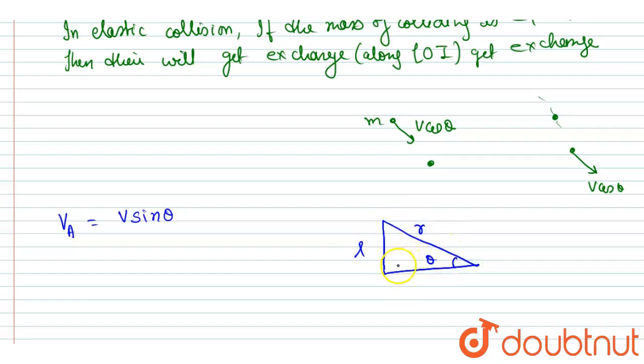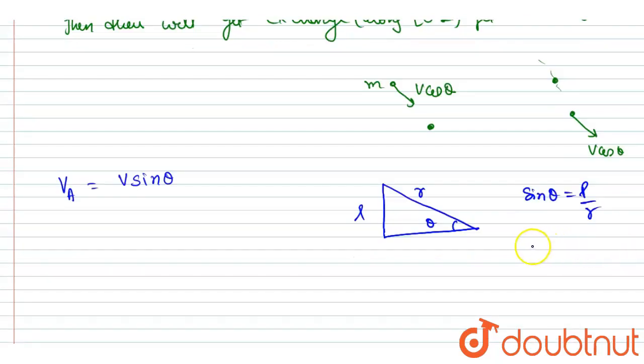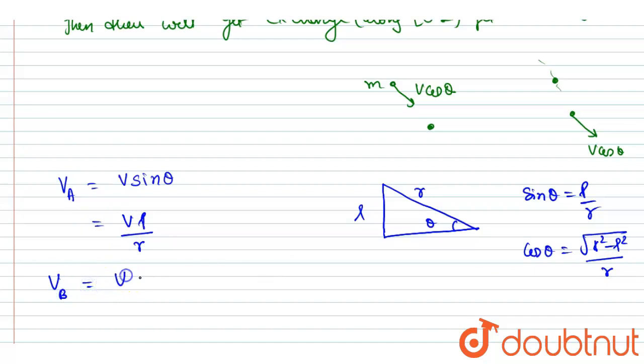So sin theta is rho by r, and cos theta is under root r square minus rho square by r. So the velocity of A will be v into rho by r, and the velocity of the sphere, vB, is equal to v cos theta. Now you can put the value of cos theta here, so vB is v times under root r square minus rho square by r. So this will be the answer.